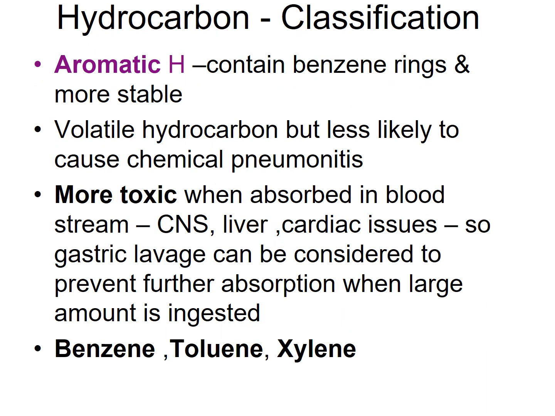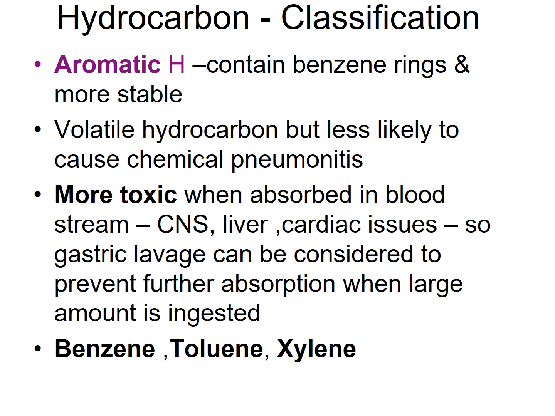Now come to aromatic hydrocarbon. This hydrocarbon contains benzene rings and is more stable. It is also volatile, but it is less likely to cause chemical pneumonitis. So life-threatening chemical pneumonitis or aspiration occurs much less. But it is more toxic when it is absorbed in the bloodstream.